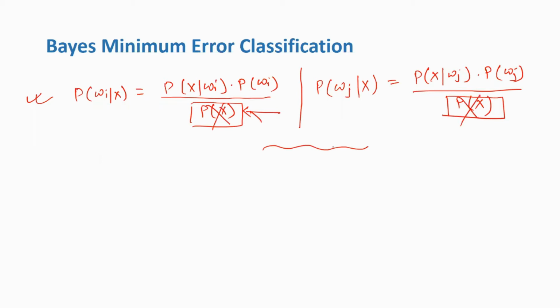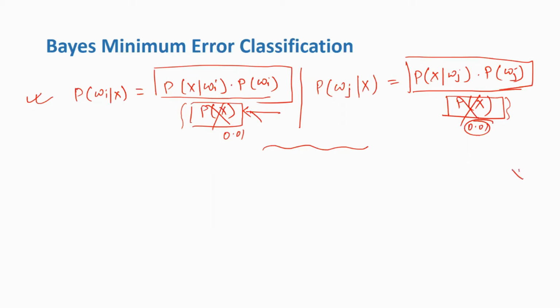So we can compare only the numerator parts, because the division by probability of x is a constant in both cases. For example, if the probability of x is 0.01, it will be 0.01 in both cases. The feature vector x is the same in both cases, and we are interested in finding in which class this feature vector x can be classified, omega i or omega j.